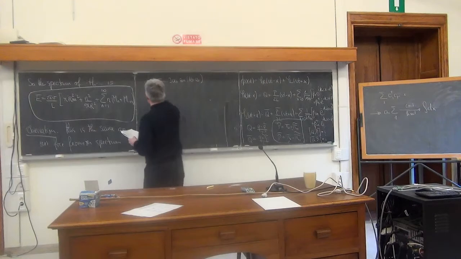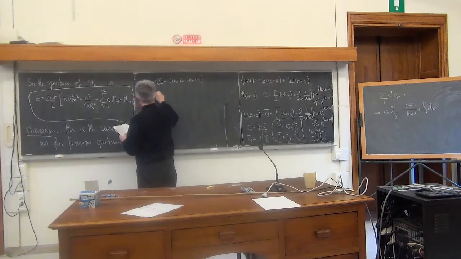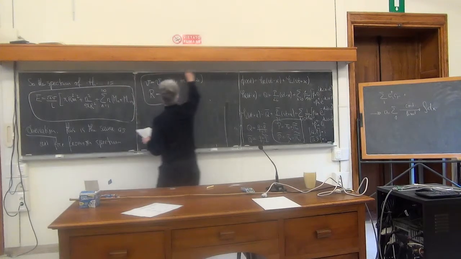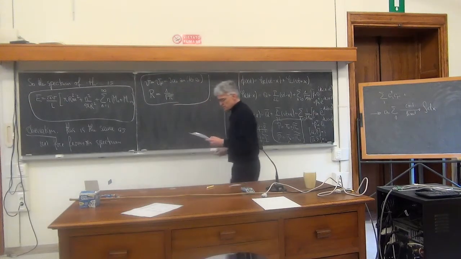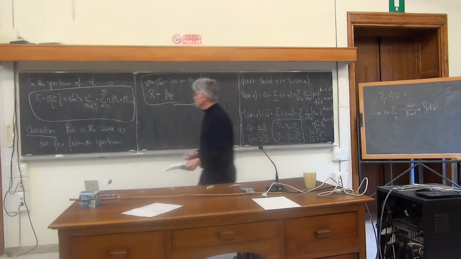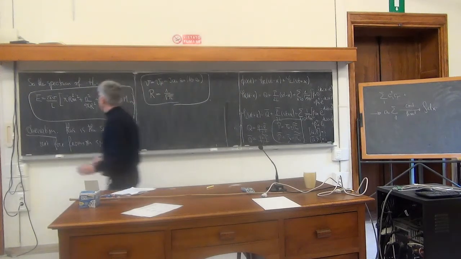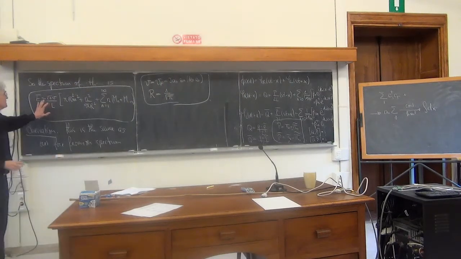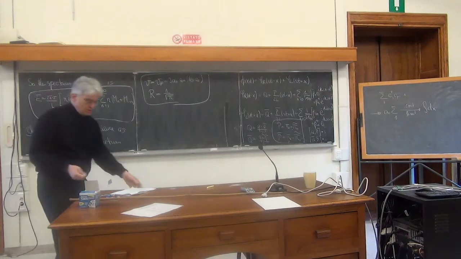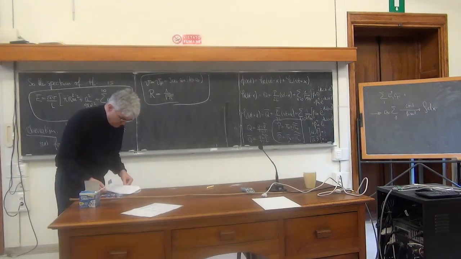Okay, and R, this compactification radius, I have to choose as 1 over root pi. Okay, so if I do this, then I claim this spectrum is exactly equal to the free fermion spectrum I wrote for you on Tuesday.